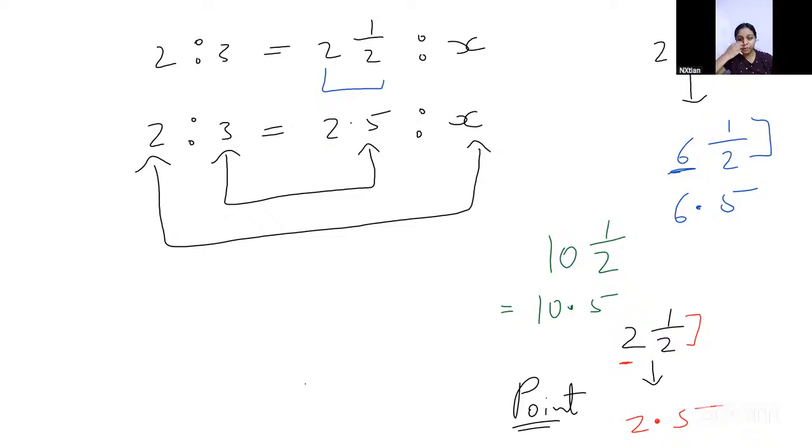When you're multiplying a number and a variable together, you just put them together and that is your answer. 5 into x is how much? 5x. Put them together. So 2 into x is 2x. Put an equals to sign.